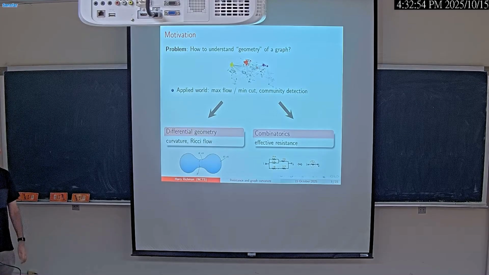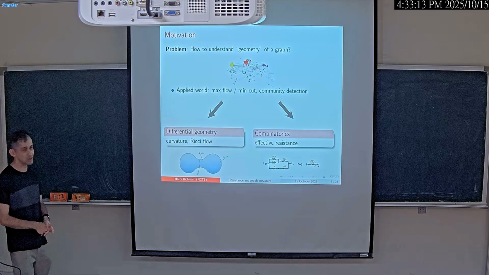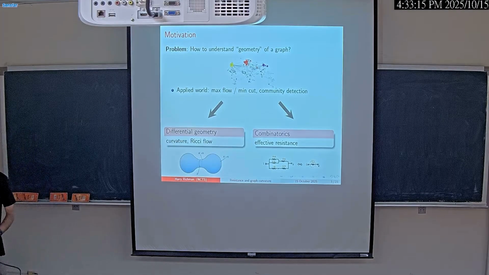There have been many proposals for algorithms to do this efficiently for large networks. We'll discuss one additional tool, where the math background comes from differential geometry, and some ideas from combinatorics and electrical methods.